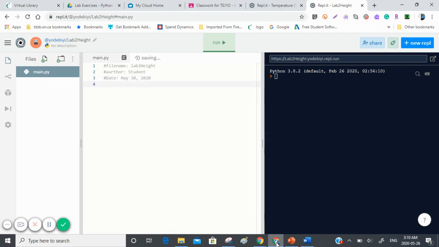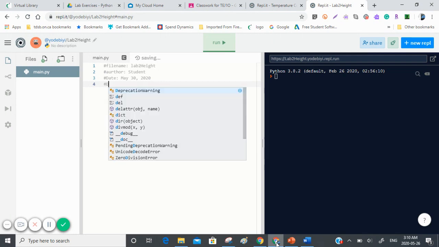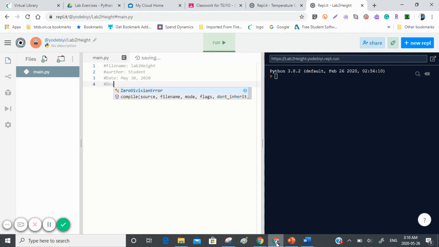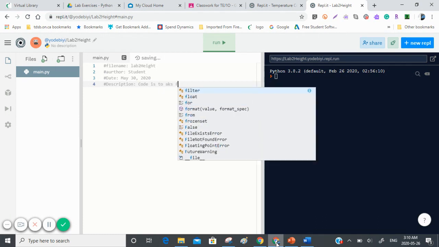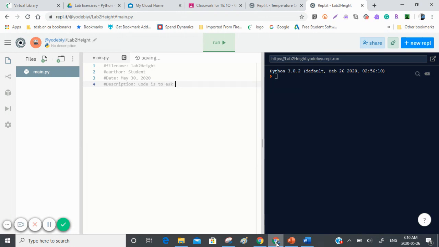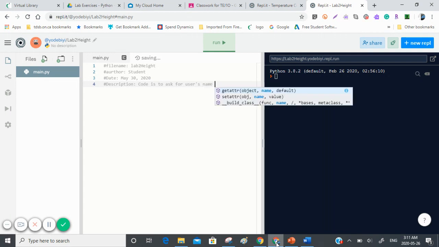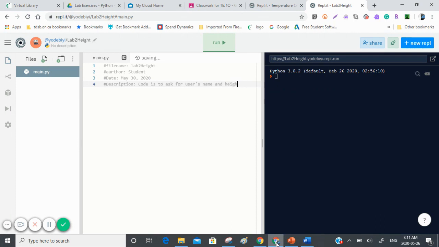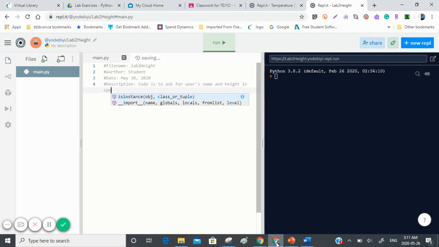Next line, do description of the code. So description would be: code is to ask for user's name and height in centimeters, right?